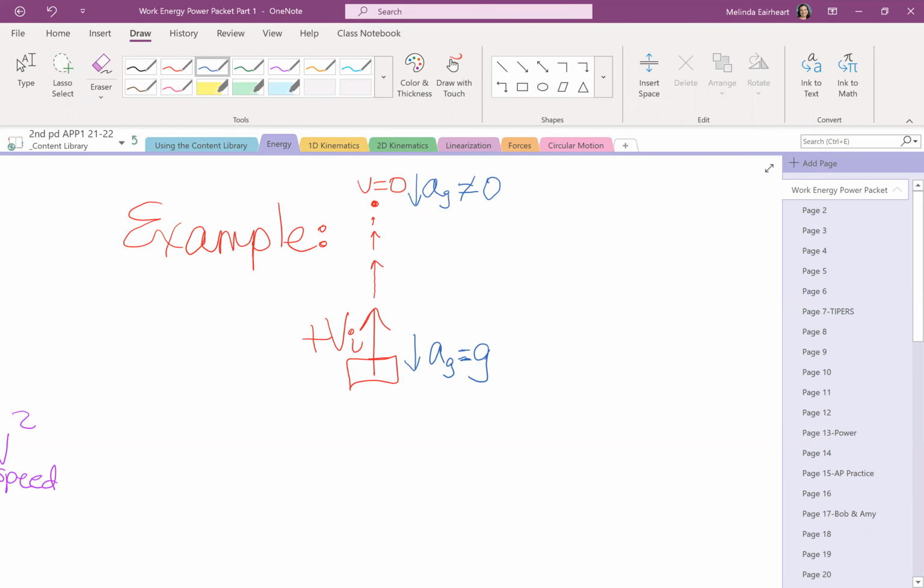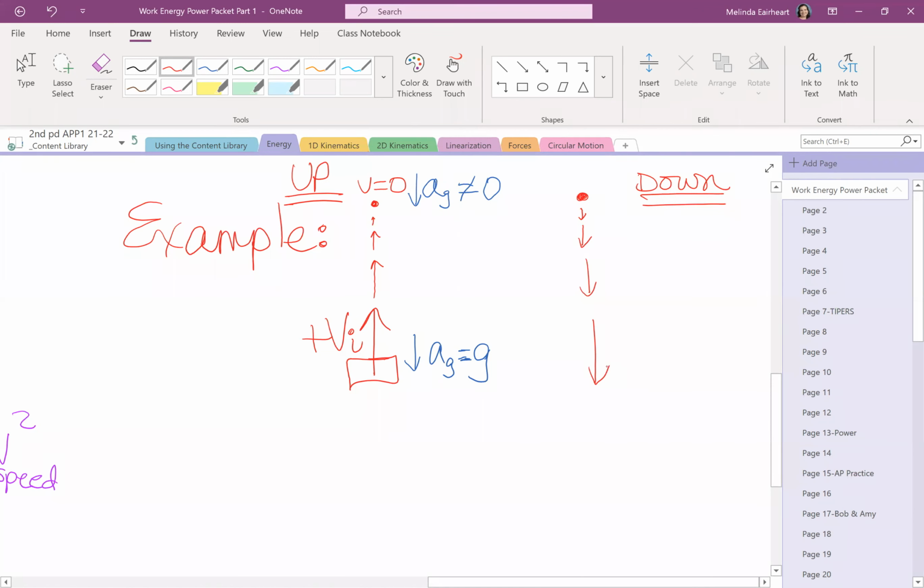But eventually, since gravity does continue working on it, what's the other part of the picture? Right, so I'm going to slide over just so I don't clutter. But now on the way down, so this first picture is the up. Now we're on the way down. And so we're going to start at a 0 velocity, and it's going to speed up, right?